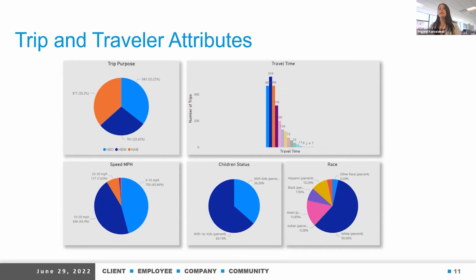Here we brought the race. Gender was often 50-50, so we didn't bring it. And then I also brought the travel time distribution in the bar chart. As you can see, again, the majority of trips are happening within a short distance. All of these short distance trips are a good target to switch to active transportation.